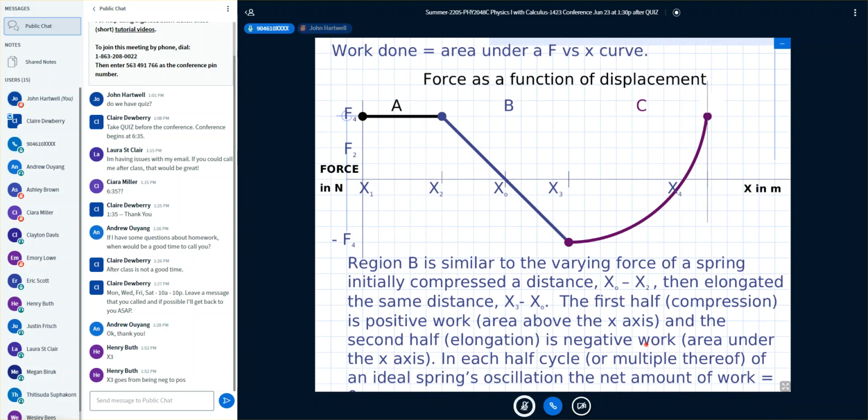Absolutely, and if the mass is constant, and if the force is varying continuously, what can you conclude about the acceleration of this system in region B? The acceleration is not constant. You're right. This is how you have to learn how to apply the knowledge you should already have, ladies and gentlemen.